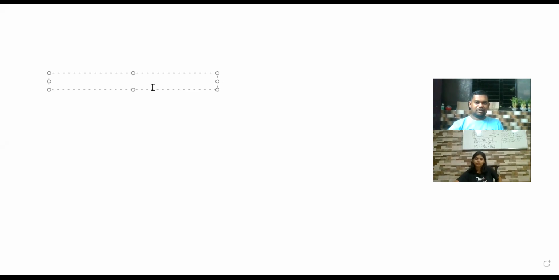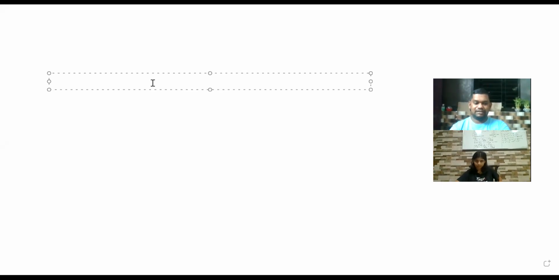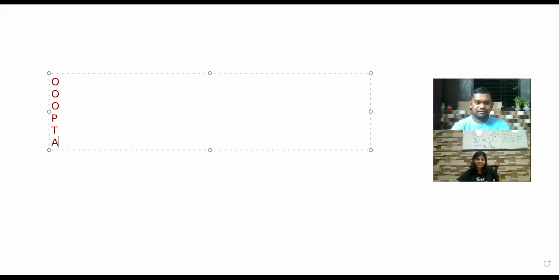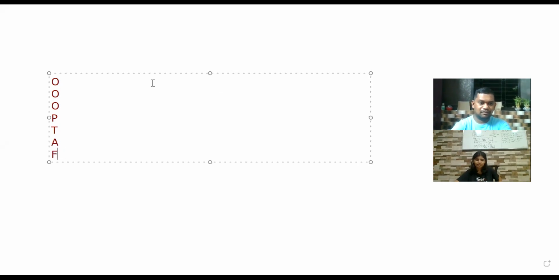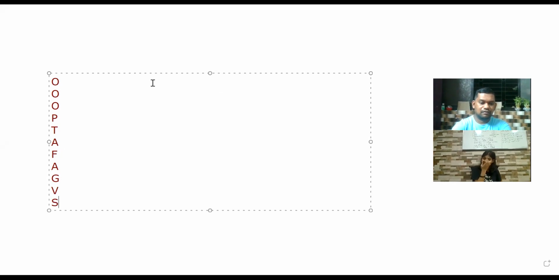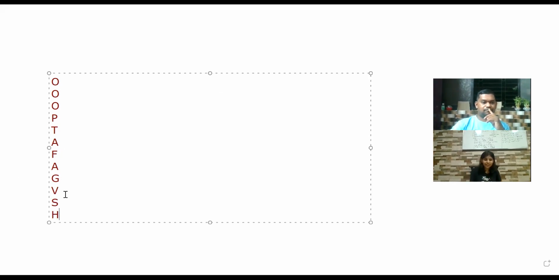In order to remember the names of these cranial nerves, I'll give you the initials first. O P T O A F A G V A H. First, count and tell me whether it is 12 or not. 1, 2, 3, 4, 5, 6, 7, 8, 9, 10, 11, 12.